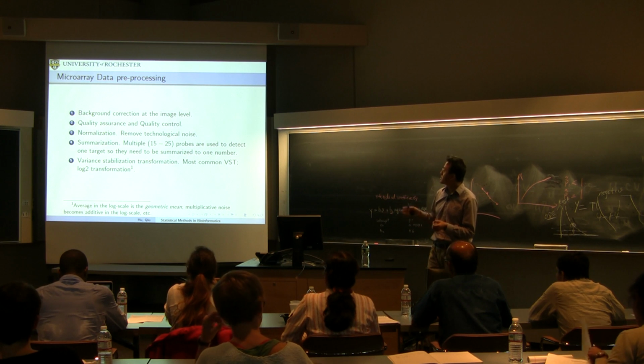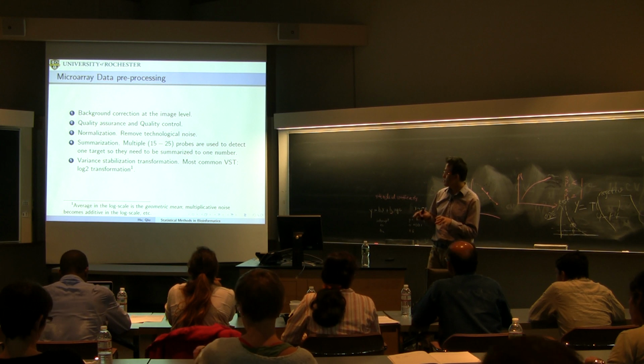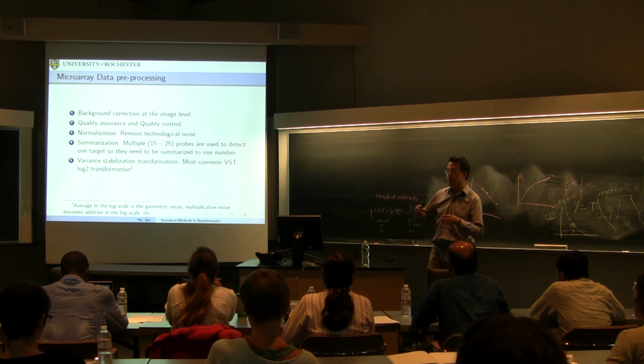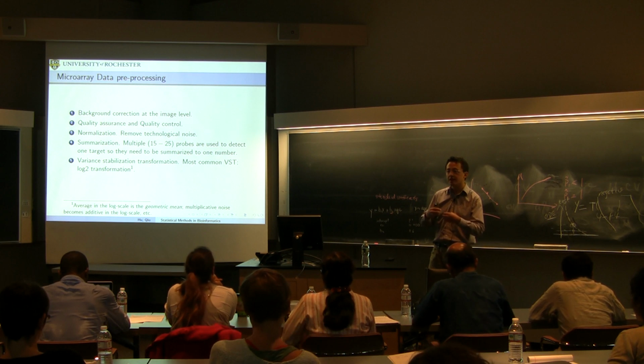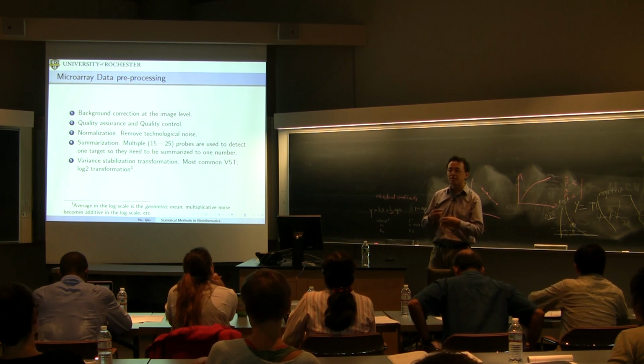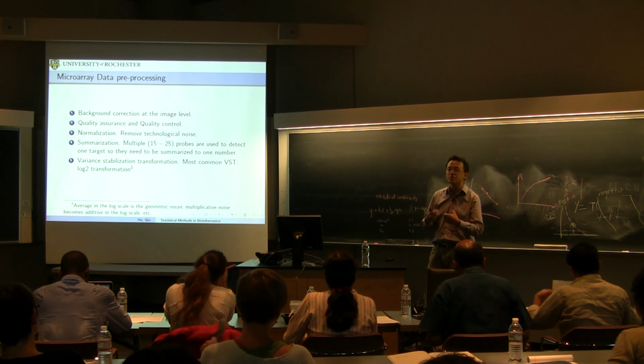The fourth one is summarization. For the microarray technology, people use the so-called arrays, the probe sets, to collect the data. Multiple probe sets may correspond to a single gene.